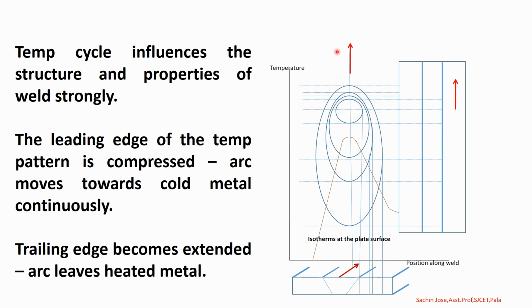Here ahead is a cold zone. So the arc is moving towards a cold zone. That is why the leading edge of the temperature pattern is compressed. It is not sharp because it is continuously moving towards a cold zone. That is why the temperature pattern is like this.